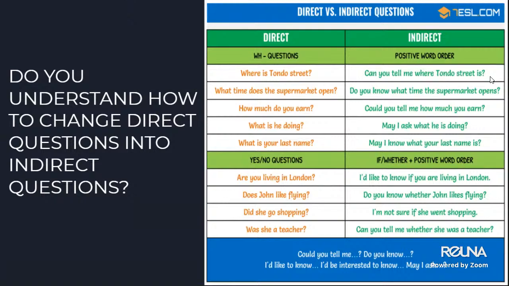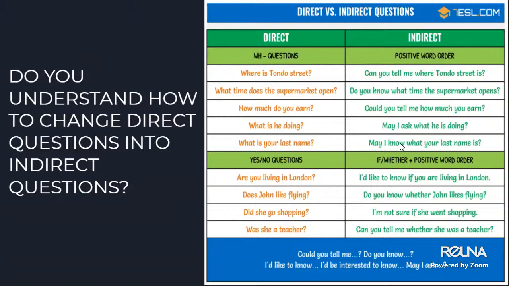So what is the difference between these two, direct and indirect? In indirect questions, there is an indirect phrase at the beginning, like for example, can you tell me? Do you know? Could you tell me? May I ask? May I know?